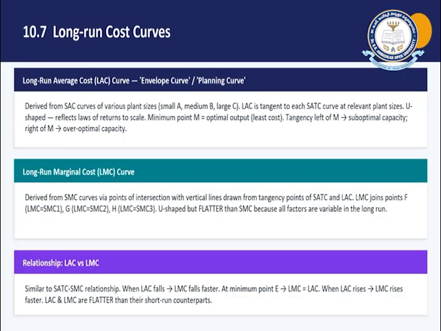The long run marginal cost joins the points F, G and H, where LMC equals SMC1, SMC2 and SMC3. It is U-shaped but flatter than the short run marginal cost curve, because all factors are variable in the long run, which we have already discussed.